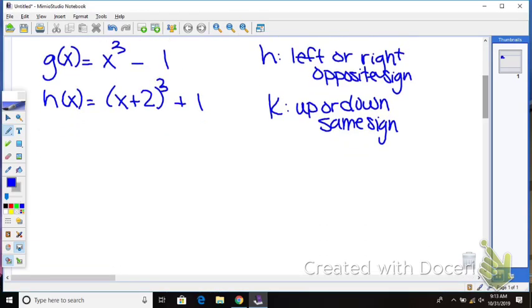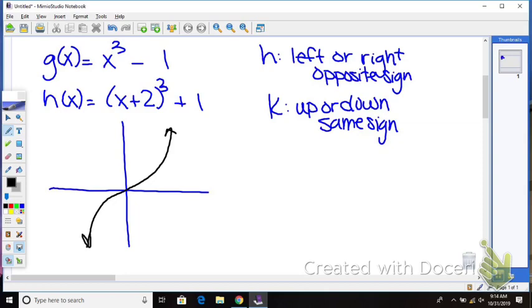So this is my original function. It's going through (0, 0), and they would tell you you're using this as the original. Now we're going to regraph the next two, and I'll use two different colors. We'll use red for g(x), and talk about what the shift of that graph would be.